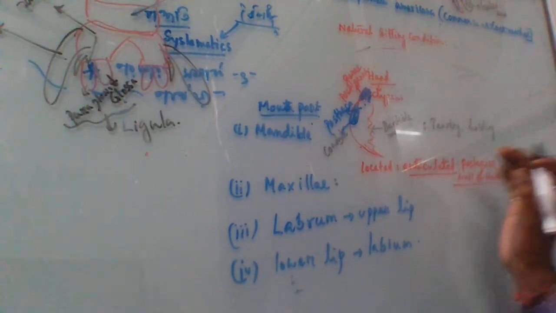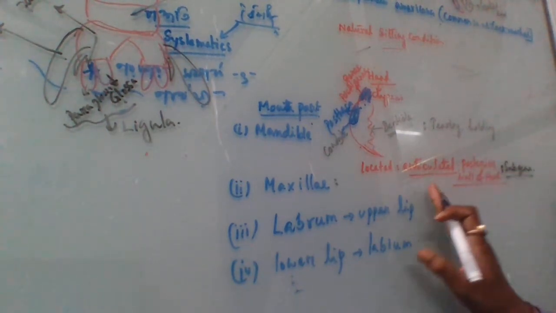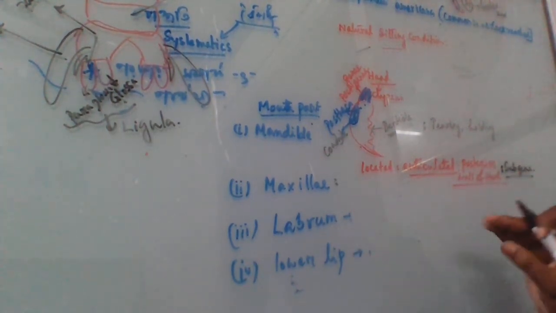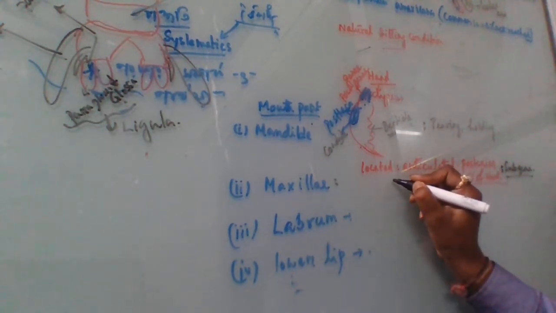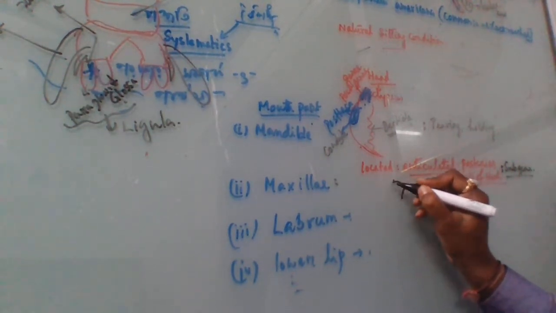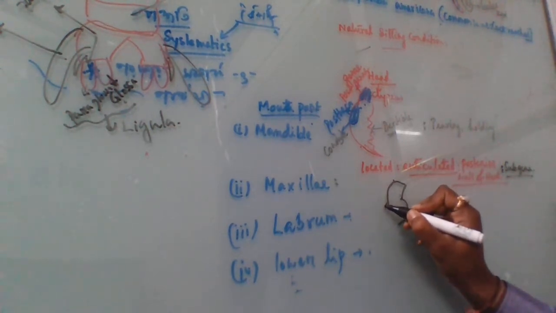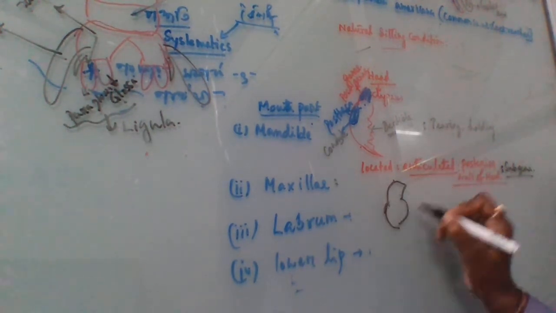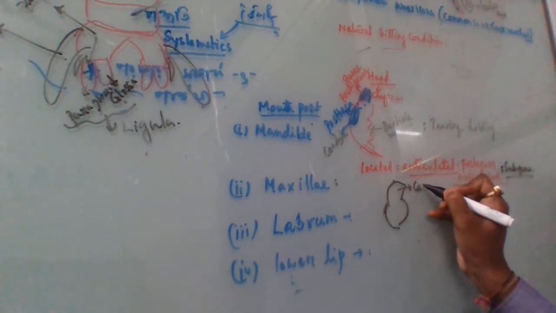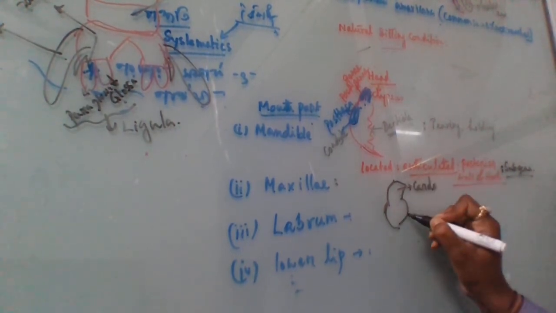So what are the parts of this maxilla we will discuss now. If you see, this portion has almost five things. So this is your cardo, which is attached.